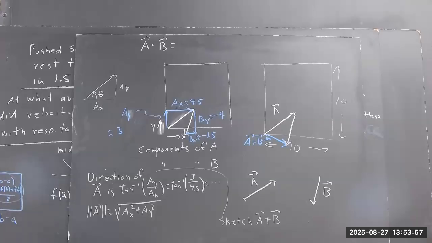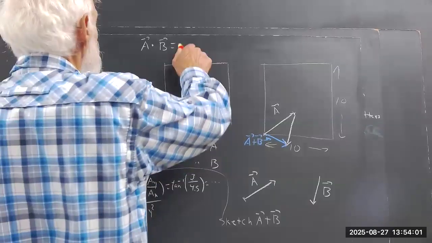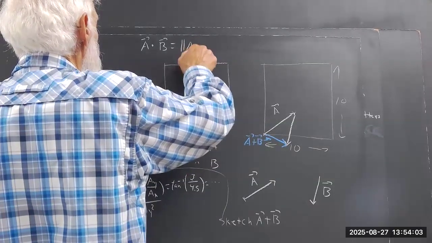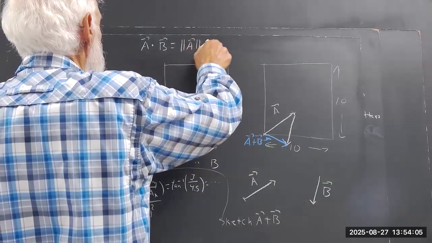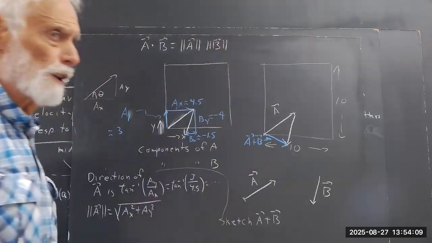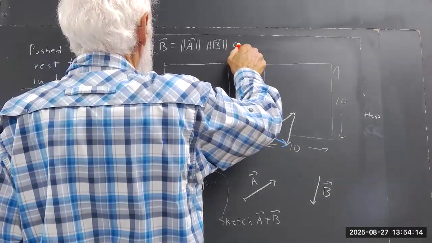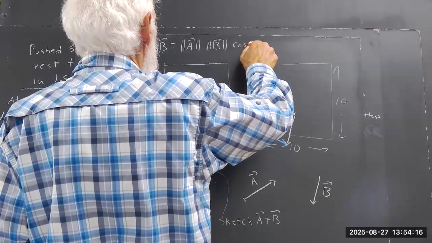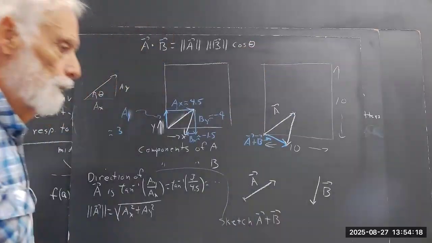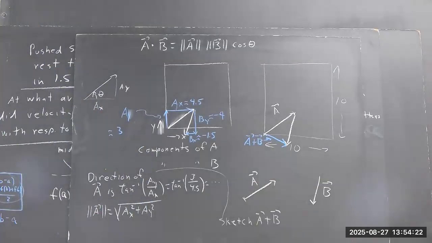Okay. Its definition is the magnitude of A. And of course, if you had linear algebra, you should have used the dot product quite a bit. I mean, did projections and stuff like that. But anyhow, it's the magnitude of A, magnitude of B times cosine of the angle between them. Okay.